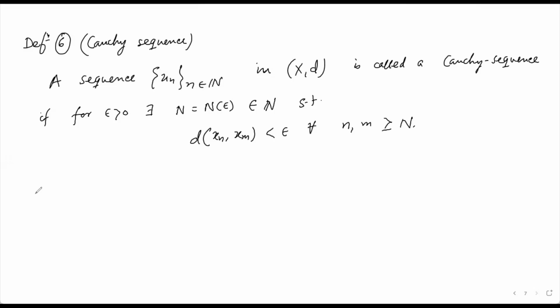So this is the definition of a Cauchy sequence. In contrast to real analysis, where we have seen that every Cauchy sequence is convergent, this is not the case in metric spaces.